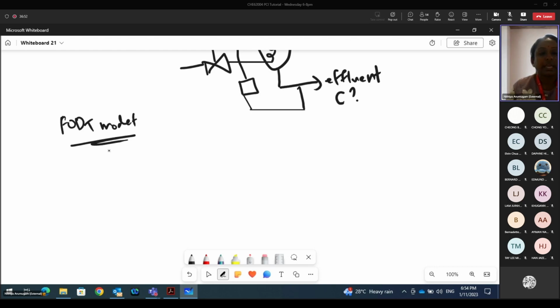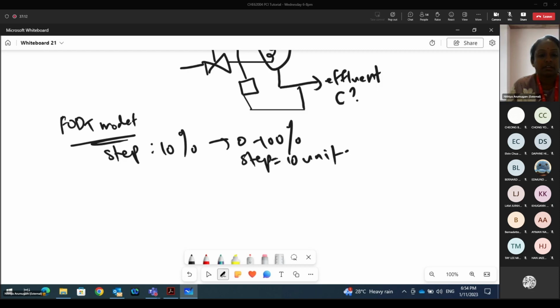Okay. The step change that they mentioned earlier is the 10%, right? So this range is actually 0 to 100%, also meaning the step equals 10 units. Okay. So we can express that as output at steady state over the input step size.